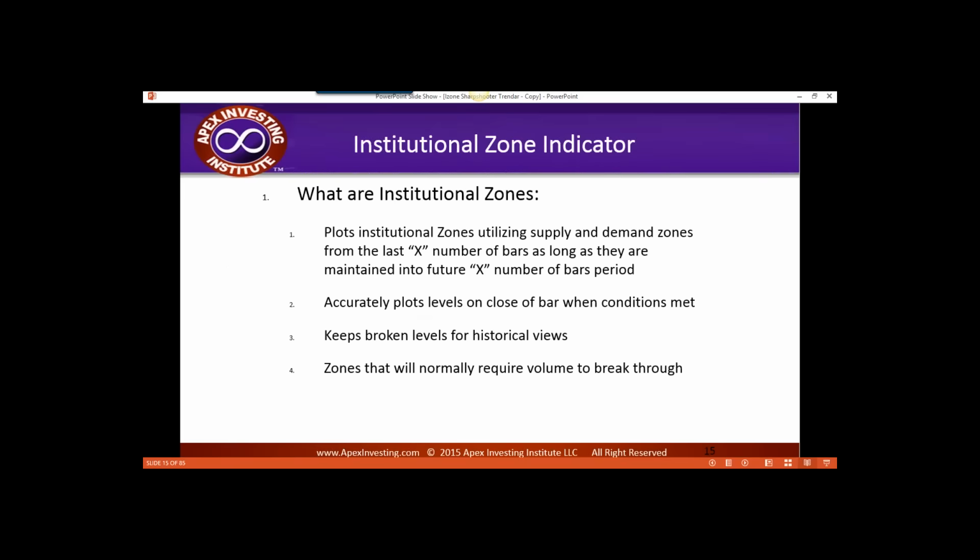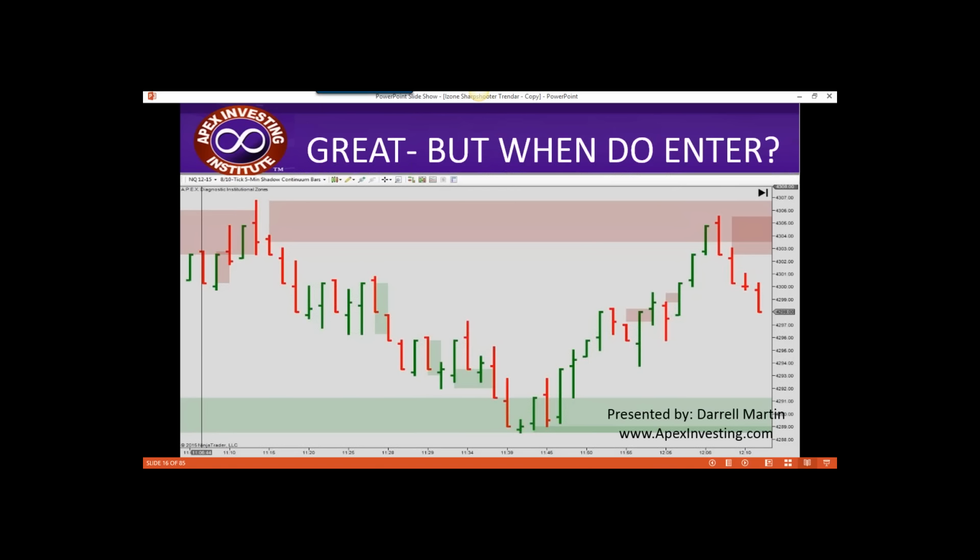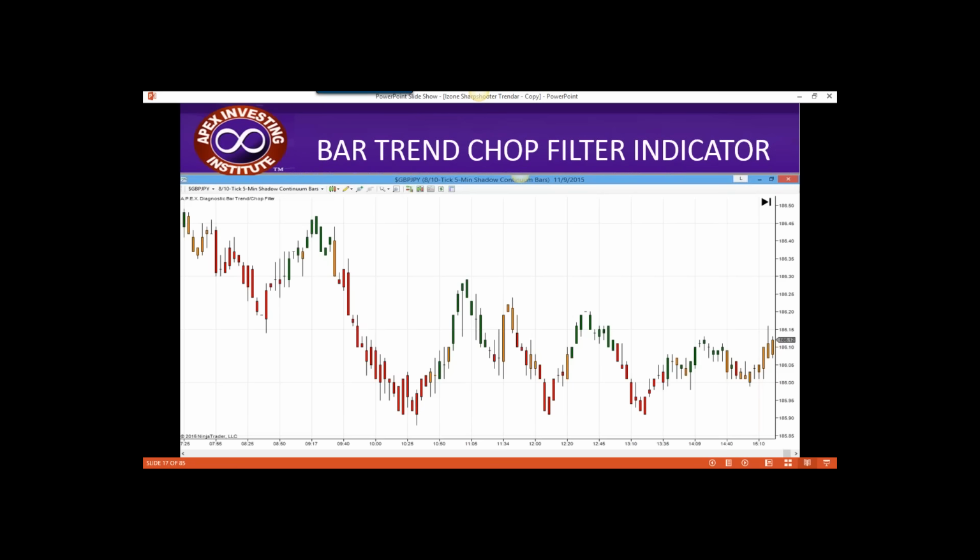So, I want to just briefly run through a couple of indicators here that we use. All right, right here in front of you, these are the same bars that I just showed you. All right, but I also have an indicator on here called the bar trend chop filter. Notice that you see red bars and you see green bars, but you also see orange colored bars, don't you?